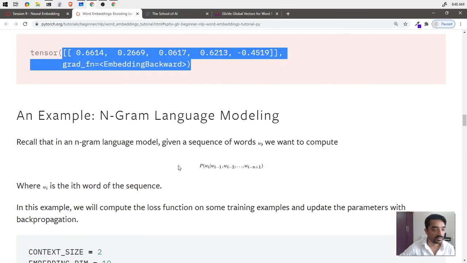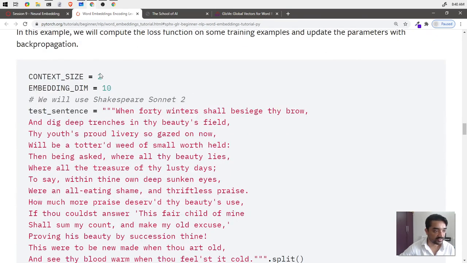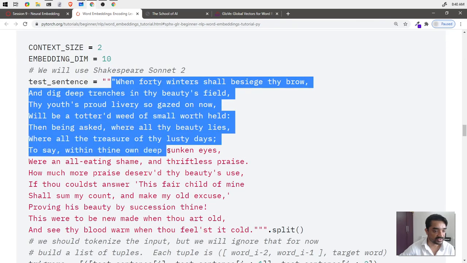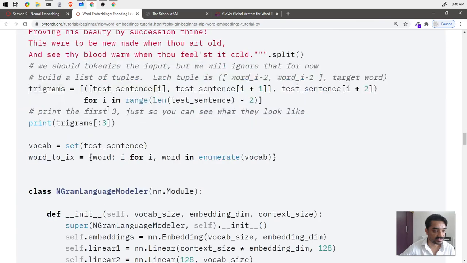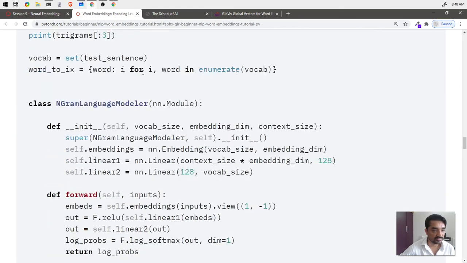Right now, an example, n-gram language modeling. Look here, we have context size 2 and embedding size 10, and we have this huge sentence, and we are going for trigrams here. We are creating trigrams, and those are stored, and again we are converting our words. So look at this. This is a list comprehension, but we are using a dictionary here.